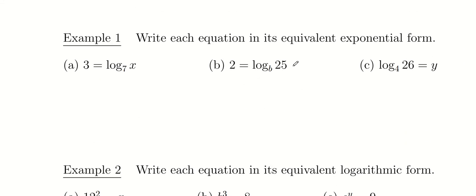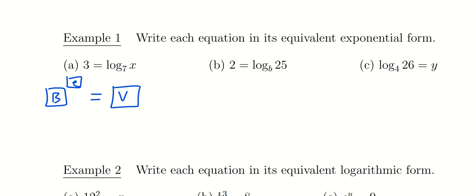Let's take a look at example 1. We are simply asked to write each equation in its equivalent exponential form. If we're going to do that, we have the same three key pieces: our base, and the exponent should give us some value.